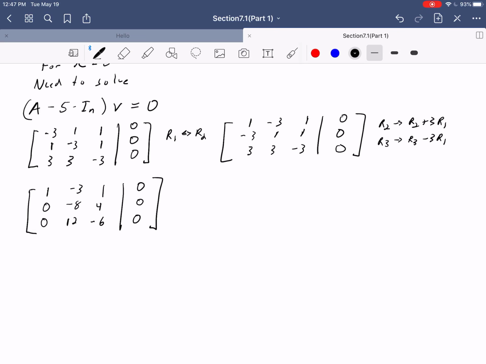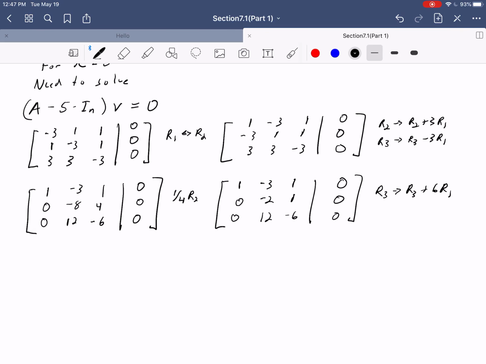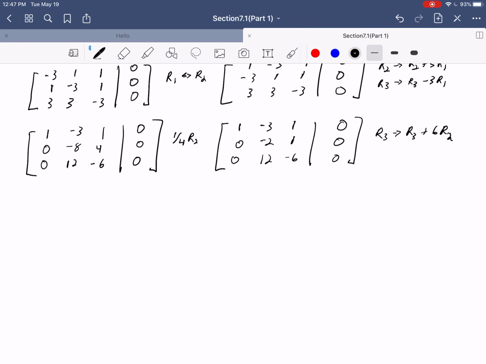So maybe we can start with just a nice 1/4 of R2, just to clear things up a little bit: 1, minus 3, 1, 0; 0, negative 2, 1, 0; 0, 12, negative 6, 0. Then we can replace R3 with R3 plus 6R2 right there. And when we do that, we get 1, minus 3, 1, 0; 0, negative 2, 1, 0; 0, 0, 0, 0. There we go.